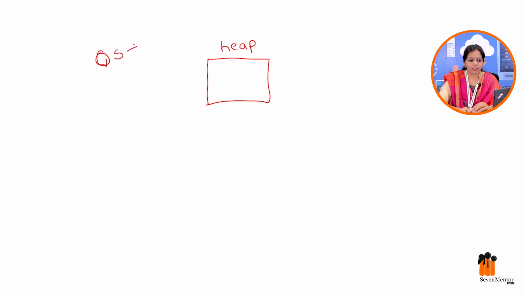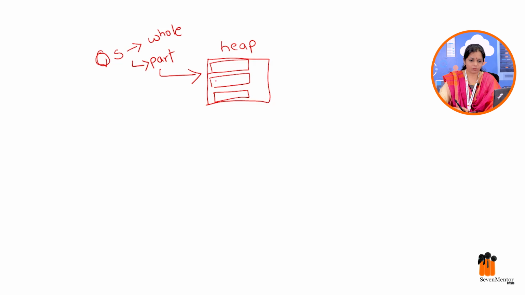The operating system doesn't give you the whole memory. It only gives you a part of memory, which is the heap memory. Whatever the initializations, variables, array, list, tuple, set, dictionary, the addresses are stored here. Now you might be wondering what addresses, what are these addresses? I'll introduce them within a while. Okay, so this is heap memory.